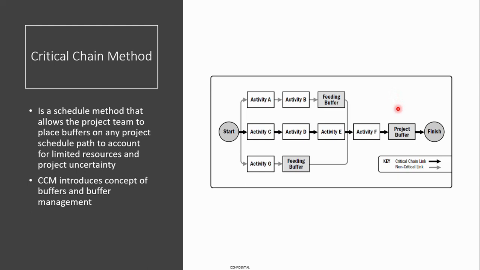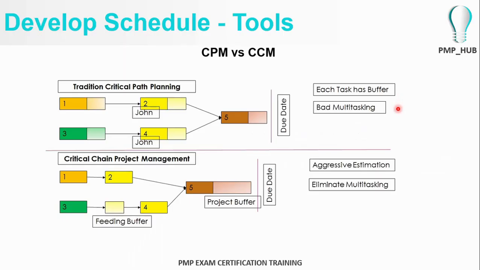So let's try to understand this in more detail. So here is a comparison between the critical path method and the critical chain method. In the critical path method, usually buffers are added up at the estimating stage at each activity.